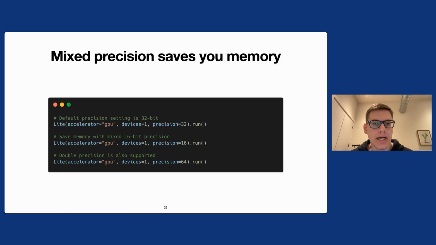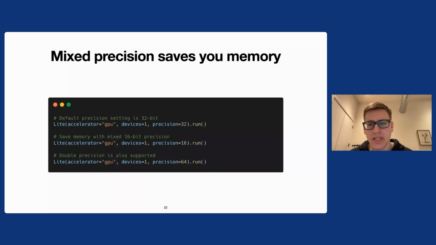As I previously mentioned, there are also some memory savings that you can enable. By default, everything is in 32-bit precision. This is what PyTorch uses by default, and this is good for most users.